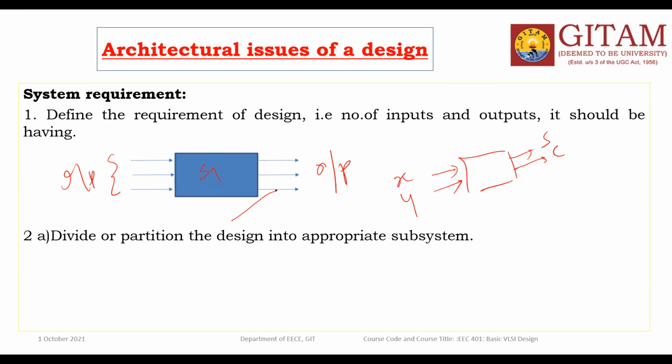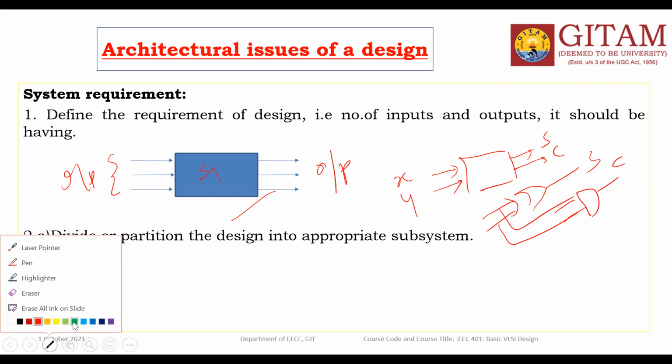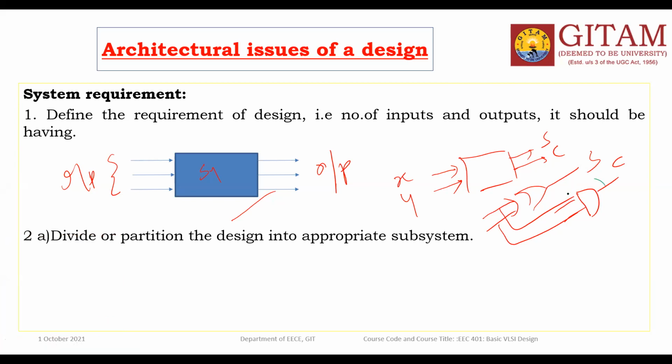For example, for a half adder, you have one exclusive OR gate and one AND gate. This is the sum and this is the carry. Here your exclusive OR gate is one subsystem, and the AND gate is another subsystem.